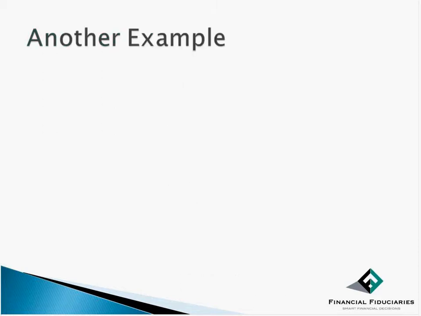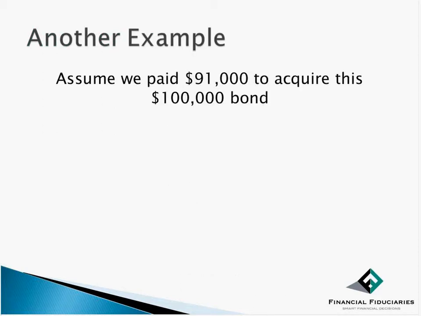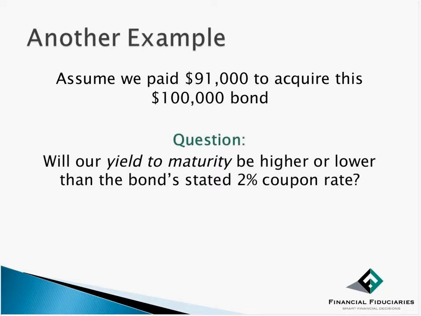Another example, assume we paid $91,000 to acquire this $100,000 bond. Now the question would be, will our yield to maturity be higher or lower than the bond's 2% rate? Hopefully you can understand that the answer to this is higher.